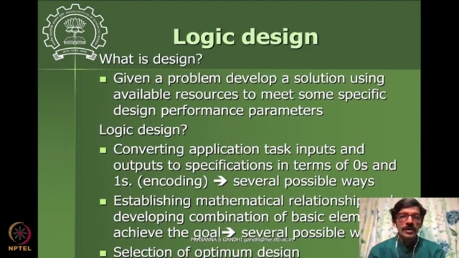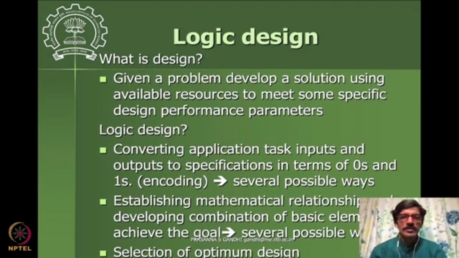In logic design specifically, what we do is, given a task, we convert it into some kind of a mapping into zeros and ones. That's called encoding, and there are several different ways possible. Say, light is on is 1, light is off is 0; like that you can have many different mappings possible.